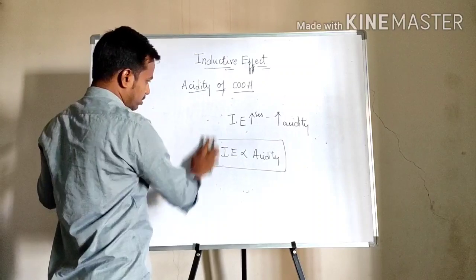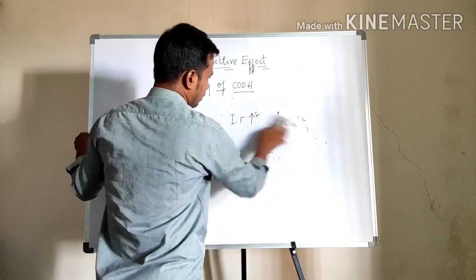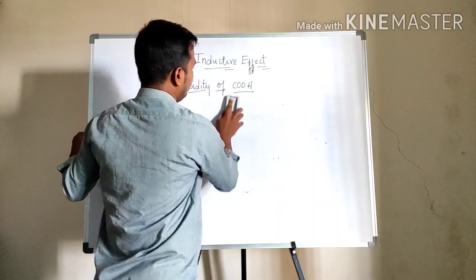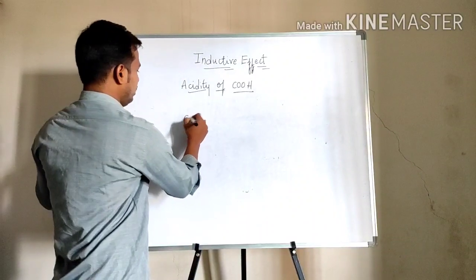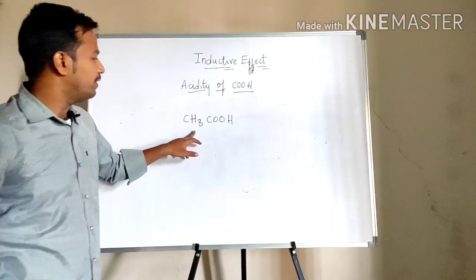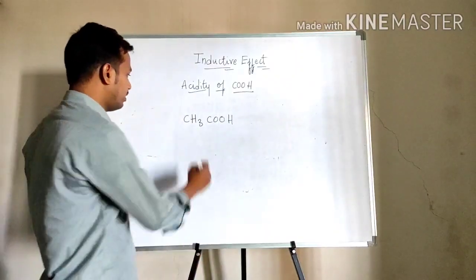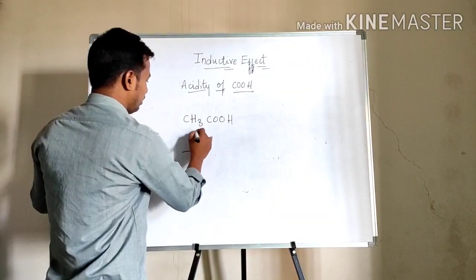Not the next topic, actually the same topic. We need to see the acidity of carboxylic acids, right? CH3COOH. If I replace one hydrogen atom with one alkyl group, I will draw the structure like this.